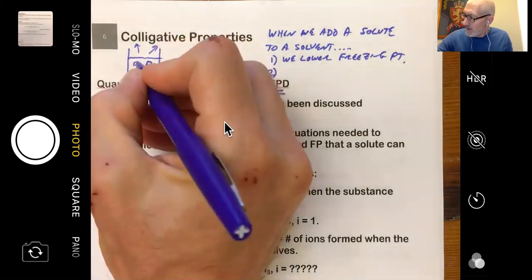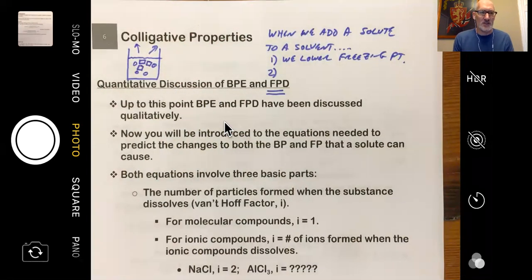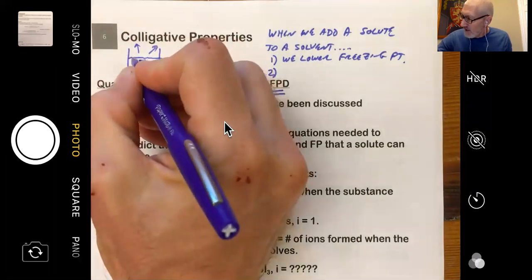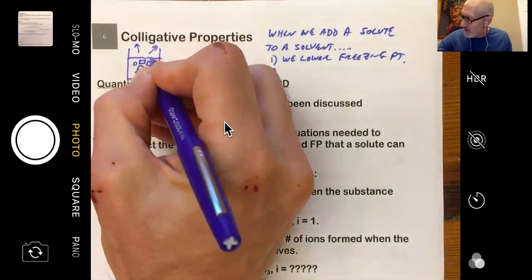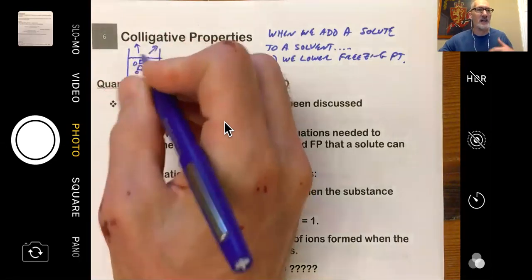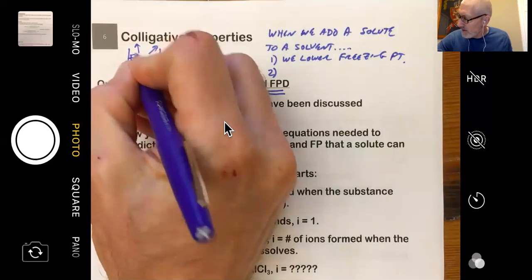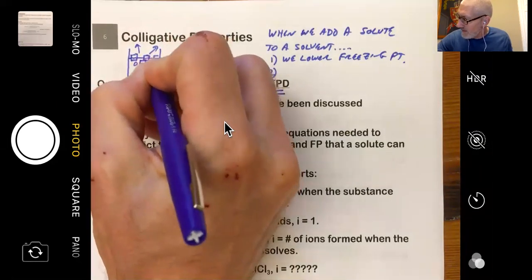Well, if I put something else into the water, now I've effectively filled up spaces on the surface where these molecules could take off if they have enough energy and jump into the gaseous state. Now I have some stuff in the way.